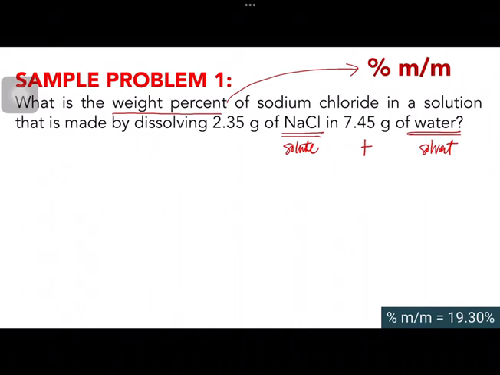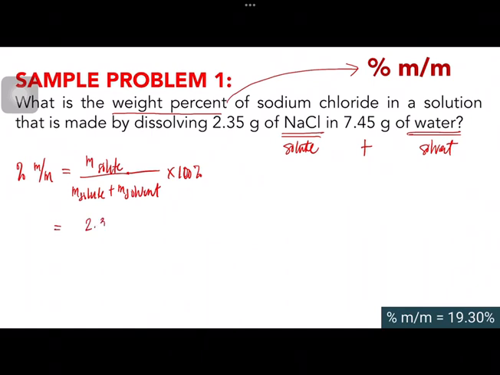Okay. So, kunin natin ang percent by mass. So, yan ay mass of your solute over mass of your solute plus mass of your solvent times 100%. So, just input the value.